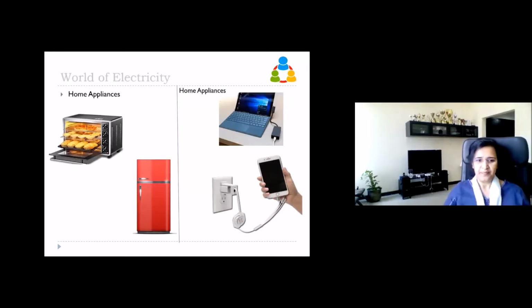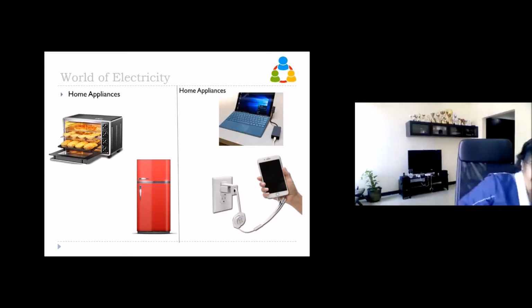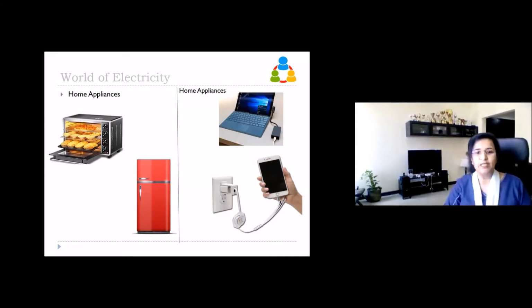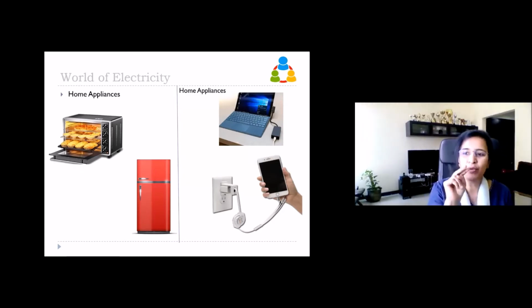For example, home appliances will be directly connected to a small plug, right? There is the 2-pin plug which you plug in, or maybe a 3-pin plug if there is an earth cable. You directly plug it into your socket.